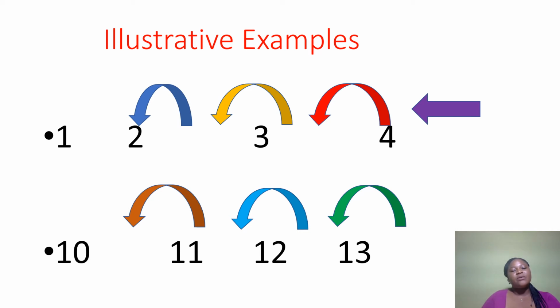We have 7, 8, 9, and 10. So you write it down. Can we try this together? We are going to move backwards from 10, 9, 8, and 7. So let's try our hands on it.